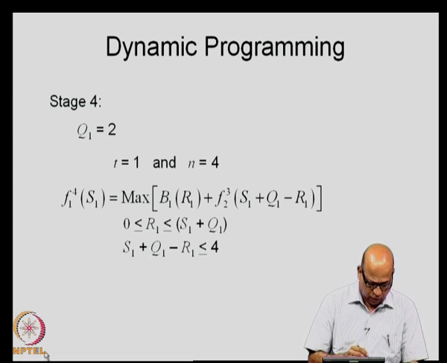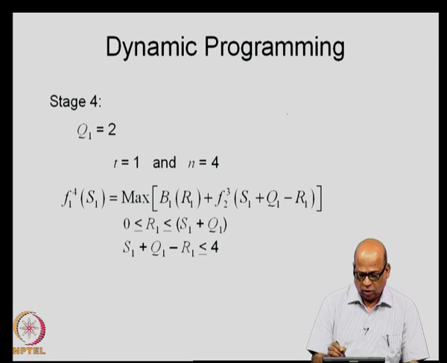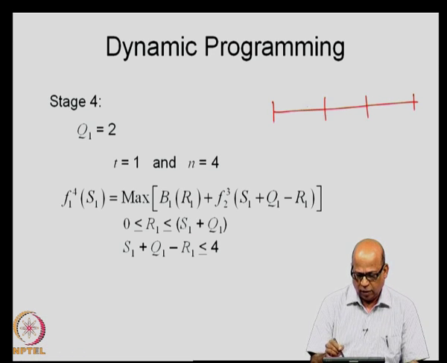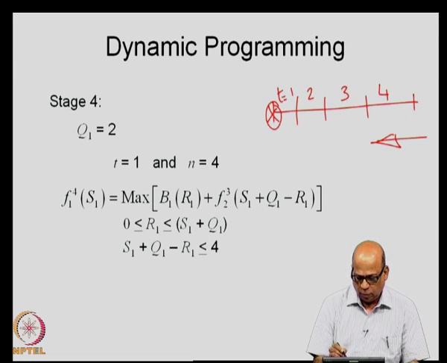The problem statement is that you have fixed the storage at the beginning of time period 1. So, this is T is equal to 1, 2, 3, 4 and we proceeded in this direction. We have now reached this point. At this point the storage is known. So, S1 is equal to 0. This is given in the problem.